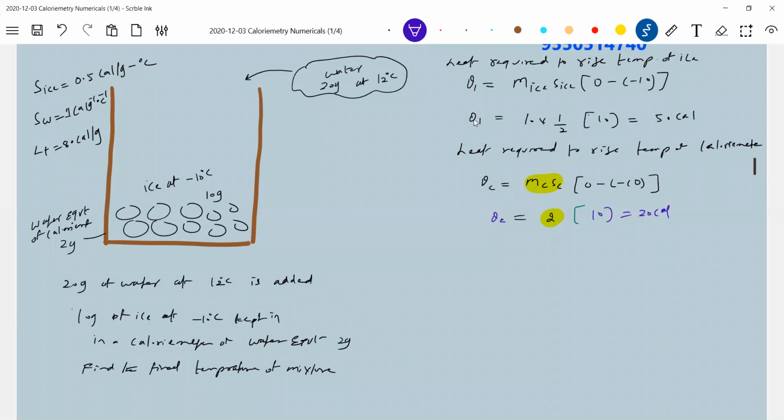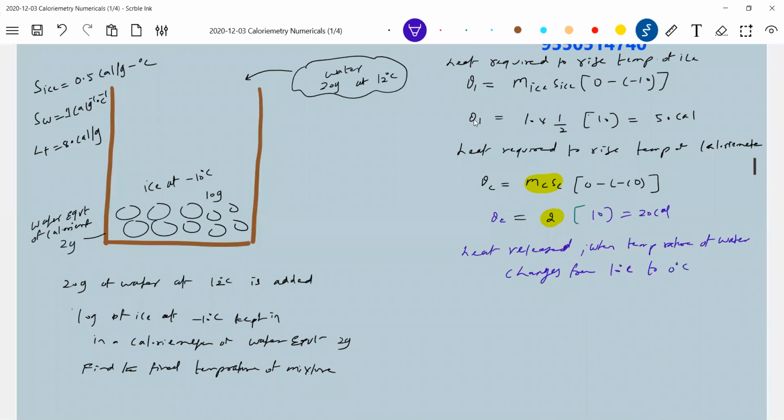So here, heat released when temperature of water decreases from 12 degrees Celsius to 0 degrees Celsius.